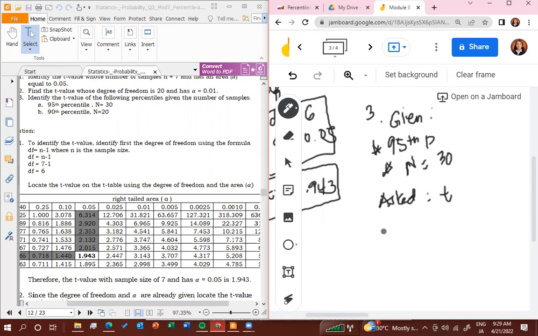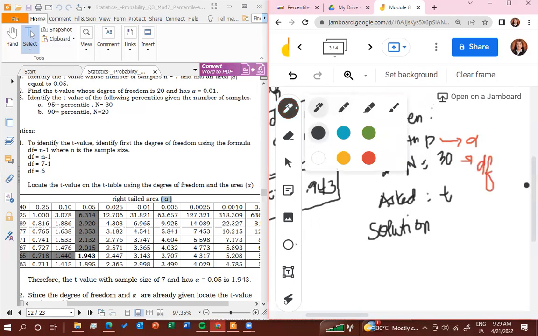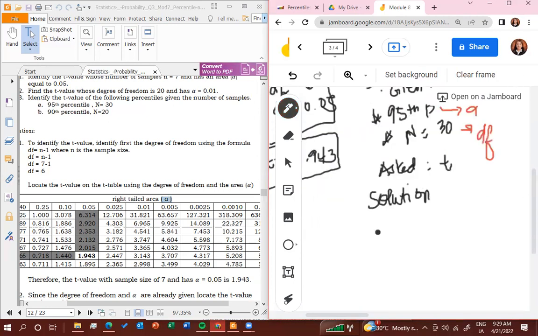For the solution, we convert the percentile into alpha, and the sample size into the degrees of freedom. The relationship of the percentile to alpha: the alpha, the error, is really just equal to 100 minus the percentile.